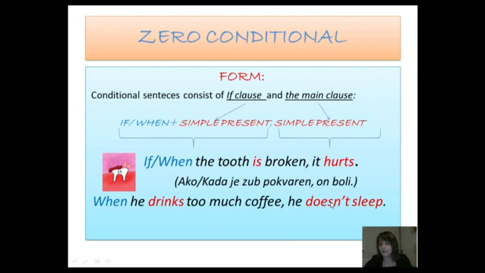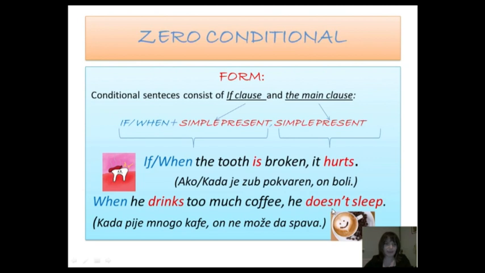The main clause is this one. He doesn't sleep. The verb sleep is in simple present tense as well, but now we have the negative form. Now, what is the meaning of this sentence? Kada pije mnogo kafe, on ne može da spava.